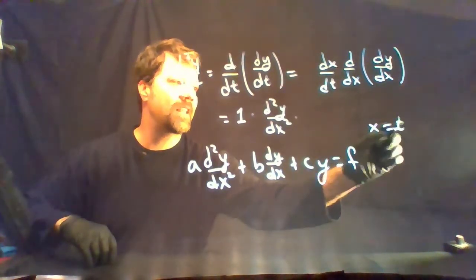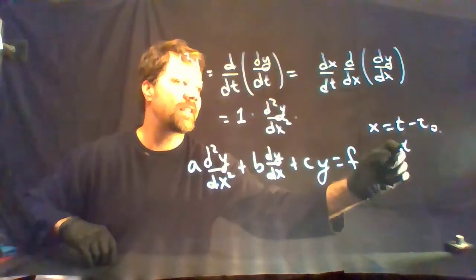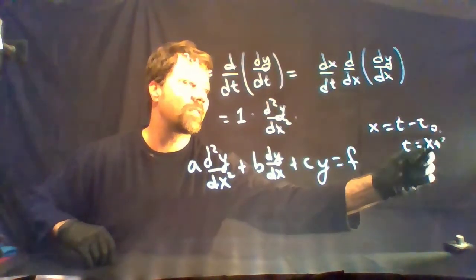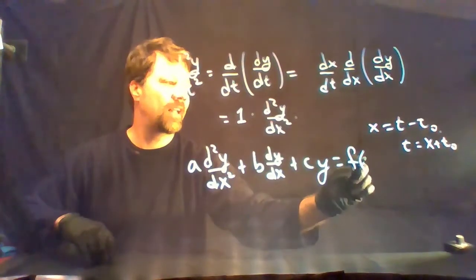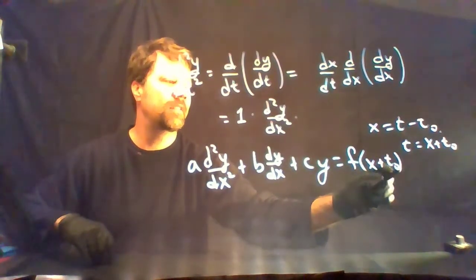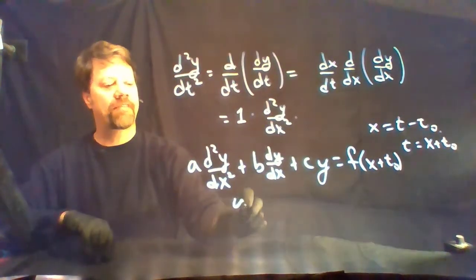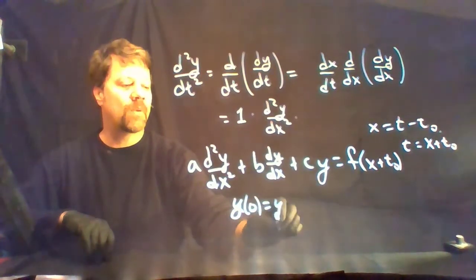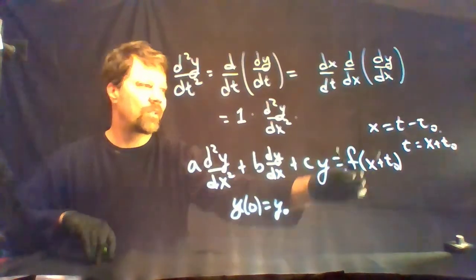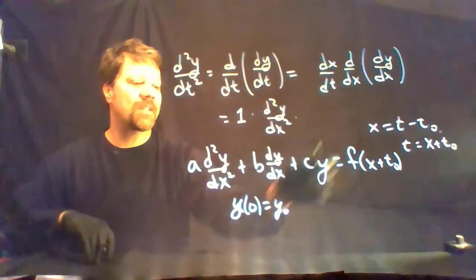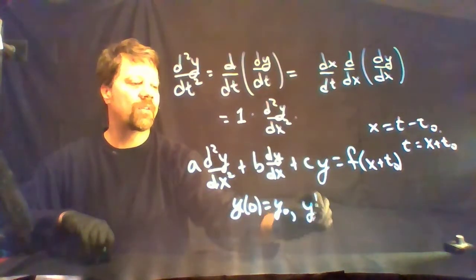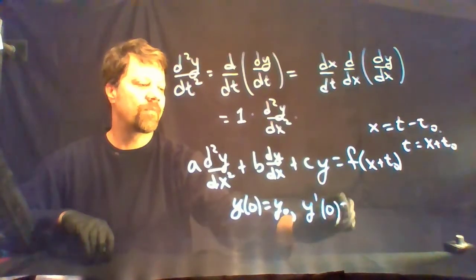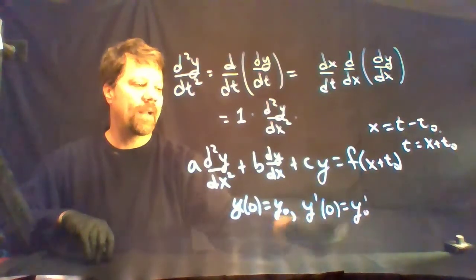Recall that x was t minus t naught, so that t is x plus t naught. We'll have x plus t naught substituted into the function f. We'll then have y of 0 equals y naught, because when t is equal to t naught, x is equal to 0, and also y prime of 0 equals y naught prime.